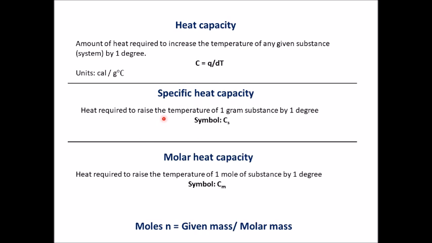So the heat required to raise the temperature of 1 gram of substance by 1 degree is called the specific heat capacity, and the symbol is Cs. Molar heat capacity is defined as the heat required to raise the temperature of 1 mole of substance by 1 degree. Symbol is Cm. Moles n is given by given mass upon molar mass.